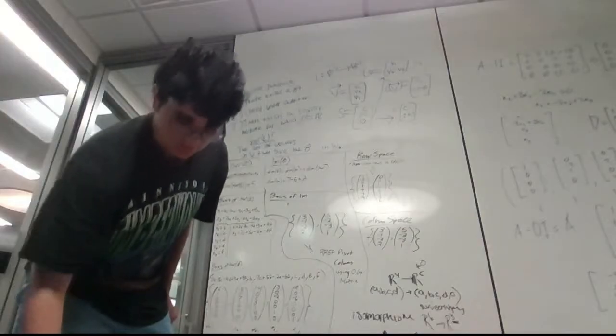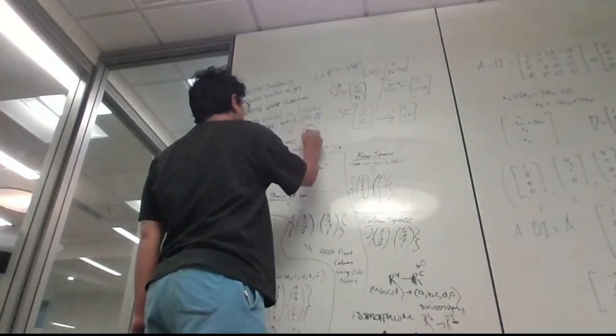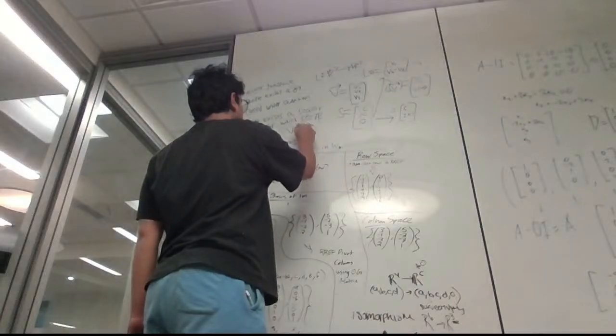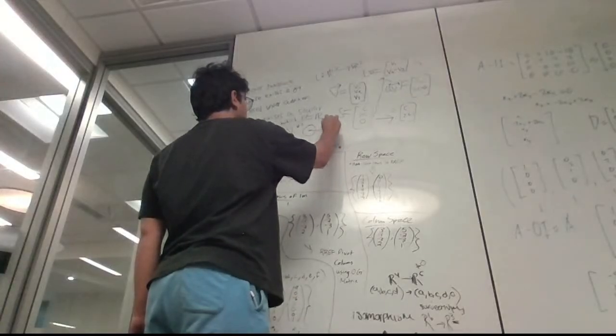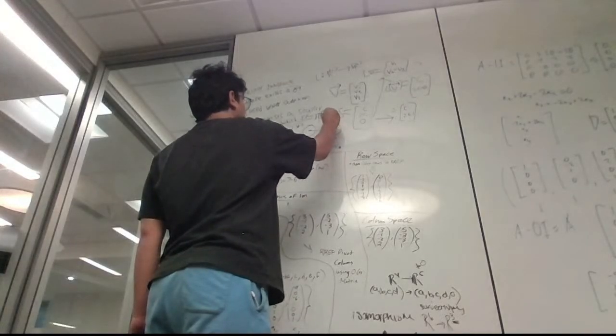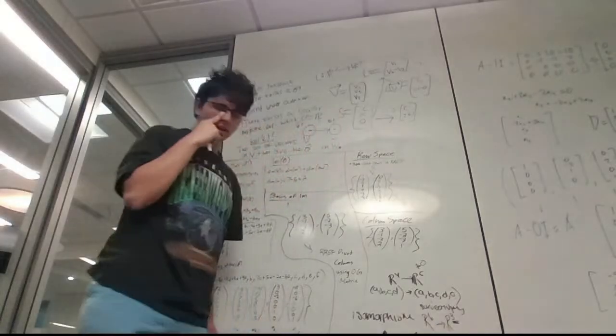Right. So, say for example, you have this V subspace. This is in R3. And then you got that basically projected onto R2 with W. Notations are weird.